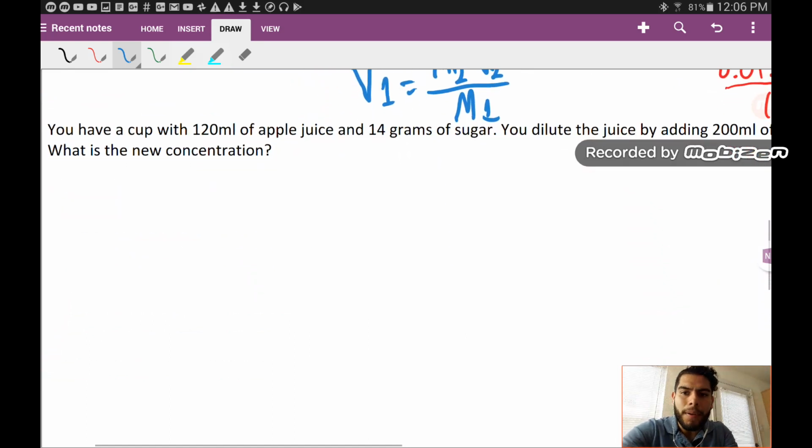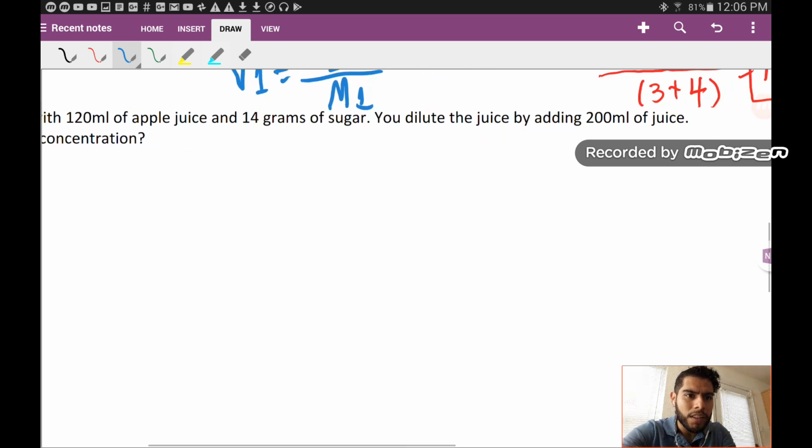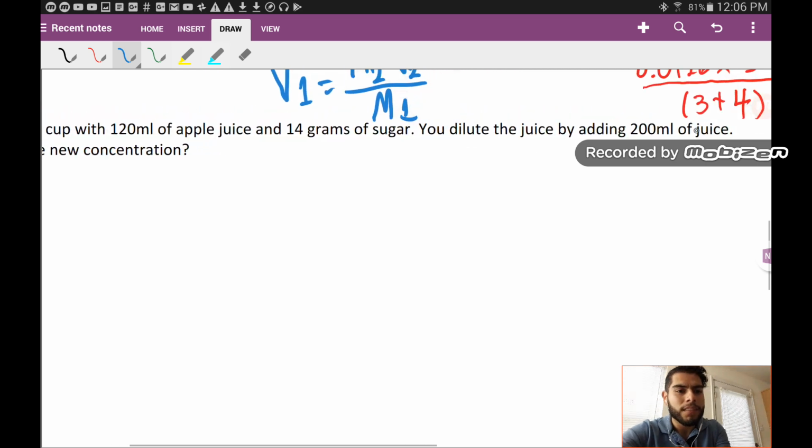You have a cup with 120 milliliters of apple juice and 14 grams of sugar. So you dilute the juice by adding 200 milliliters of juice, should say water. Sorry, this is a typo, water.